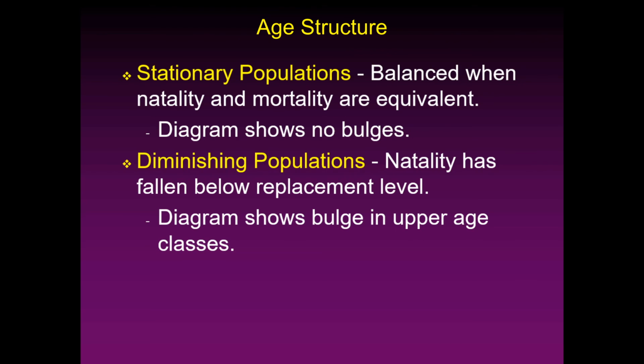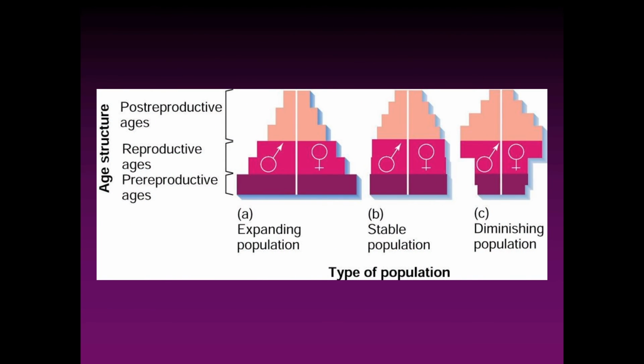Diagrams for these show a bulge in the upper age classes and a decrease in the lower ones. So this is what I was talking about with those diagrams. You can look these up on the US Census website. These are your expanding populations with males on the left, females on the right, the youngest at the bottom and the oldest at the top.